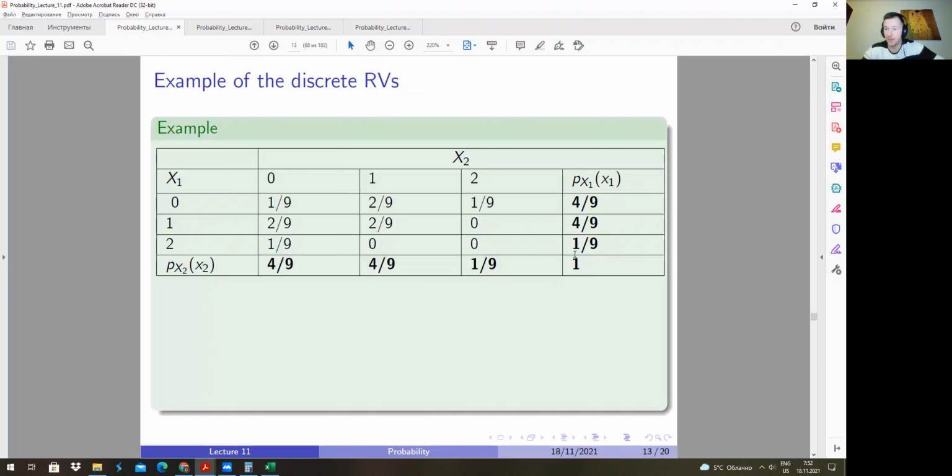So now let's see how we can calculate these conditional expectations based on the data. So you see the familiar example of the discrete random variables distribution with joint distribution and marginals here. What if you want to calculate the expected value of x1 given x2 is 0? So if you remember the setting, x1 is the number of clients standing at the first counter in the supermarket, and x2 is the number of clients standing at the second counter in the supermarket.